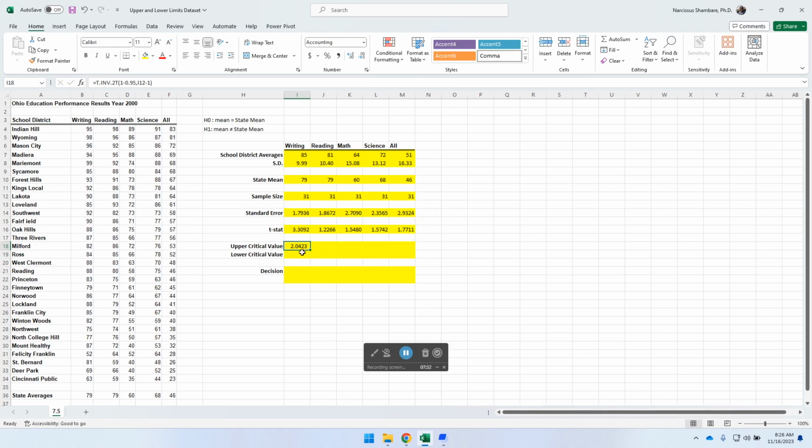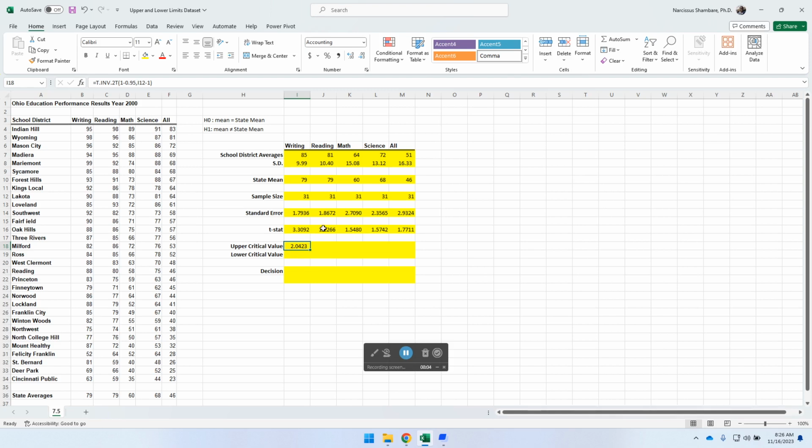Now, what you will also observe is that when we want to determine the lower critical value, it's the same value but negative. If using a two-tailed test, as you saw we selected the two-tailed function, the critical value will have two values, positive and negative.